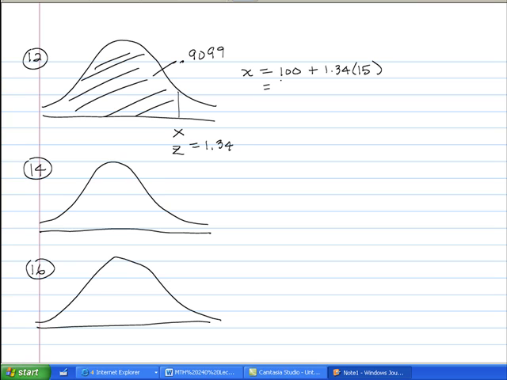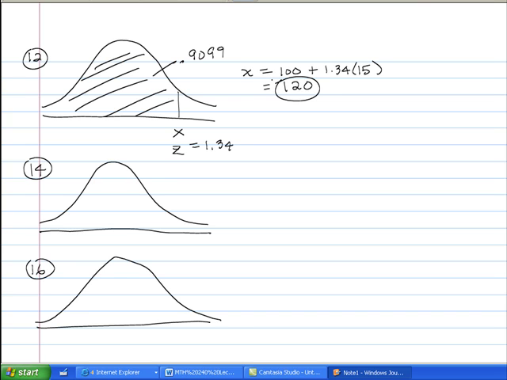Okay, number 14 is using the same information. We're asked to draw the graph and then find the probability. Find the probability of an IQ greater than 70, which is the requirement for being a statistics textbook author. Okay, here's 100.